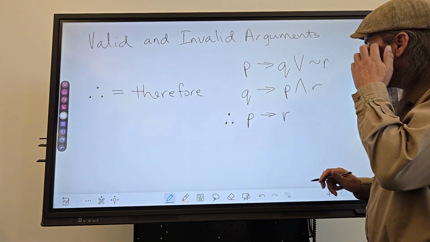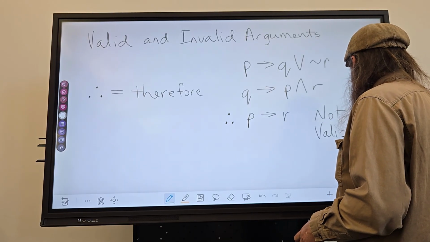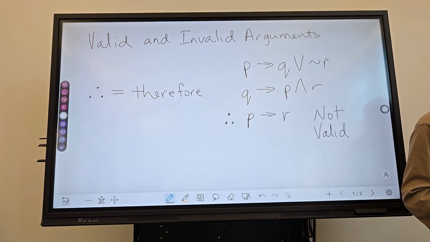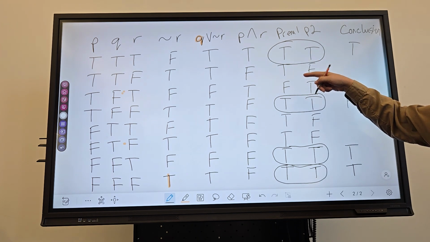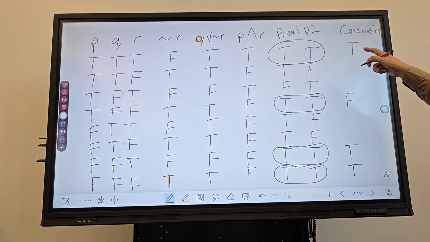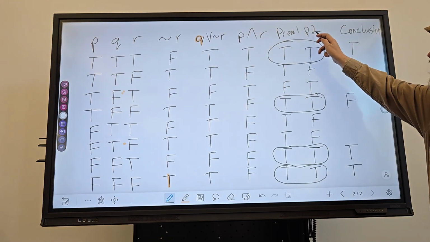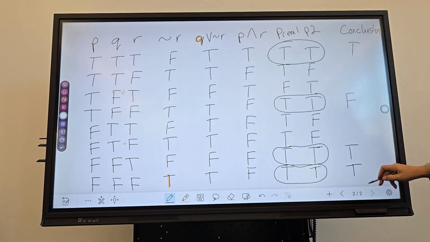So going back to this, not valid. But yeah, so you determine the validity by constructing the truth table and looking at the critical rows for the premises, finding where they're all true, and comparing that to the conclusion and see if they're true for all the critical rows.